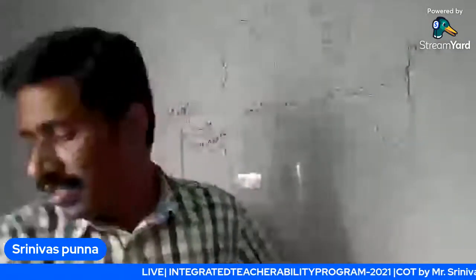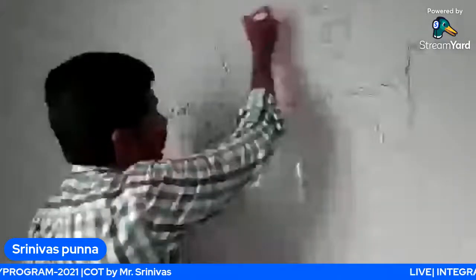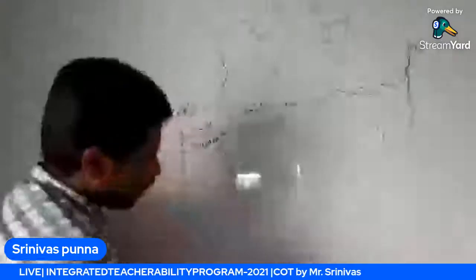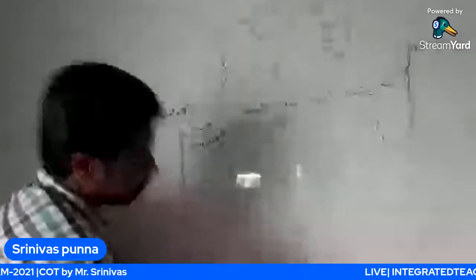Now come to the point. If we see the length from the northernmost boundary to the southernmost tip. Do you know what the southernmost tip of India is? The southernmost tip of India is called Kanyakumari.